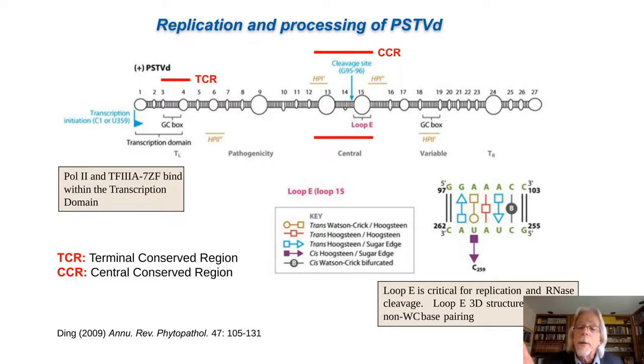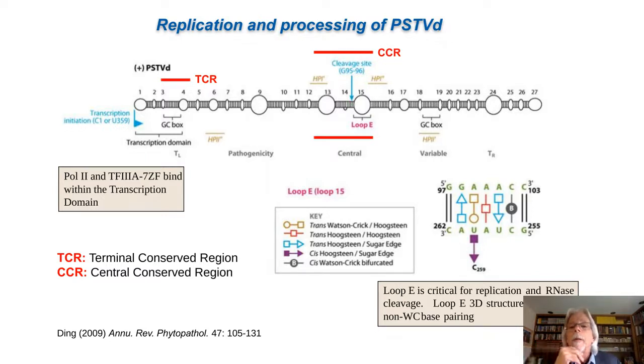So it's a region that's critical for replication. Another region is in the center, the central region, where you see right around between loops 13 to 15. This region is also essential for replication as well as for processing the genomic RNA, as we'll see in a minute.